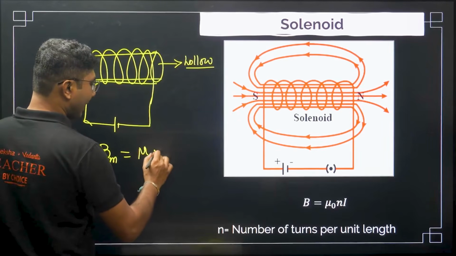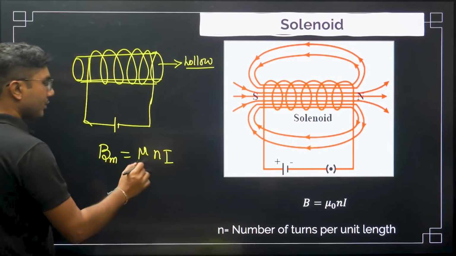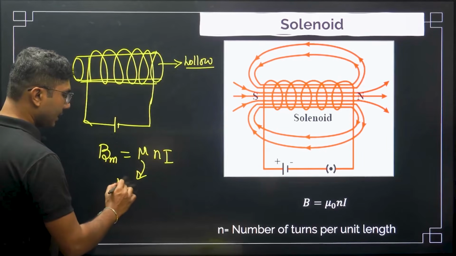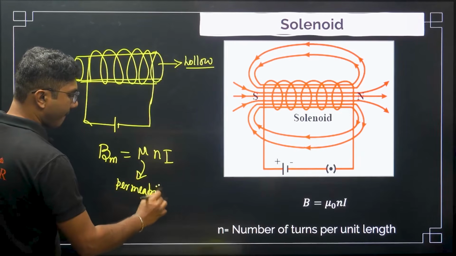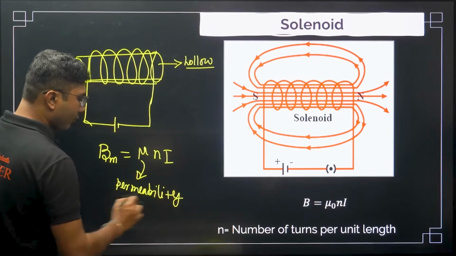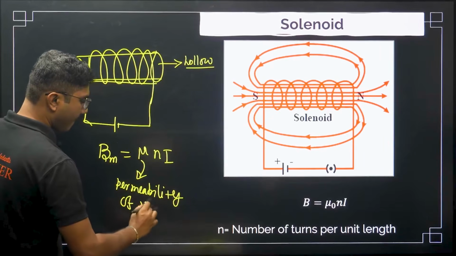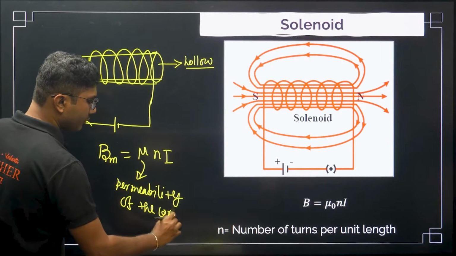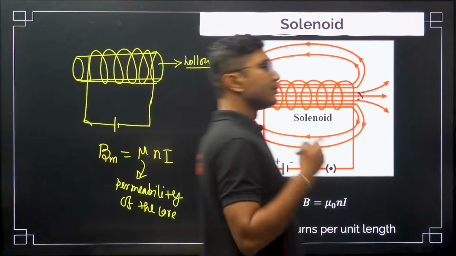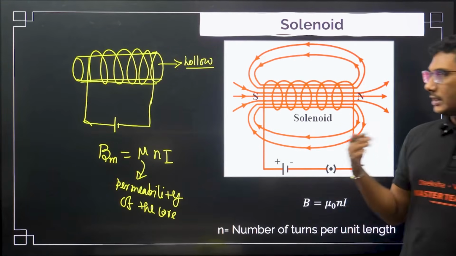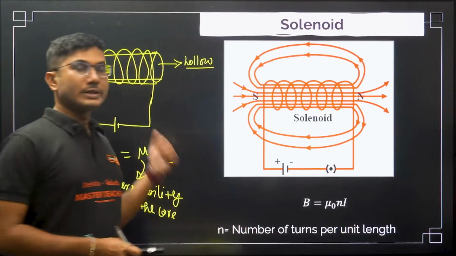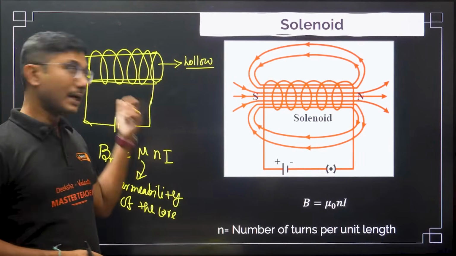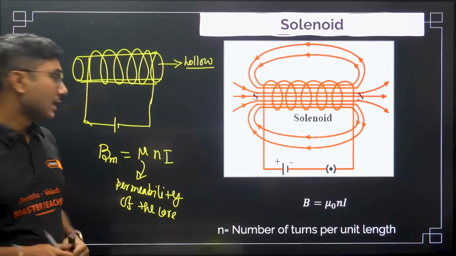Mu is the permeability of the core. You can use iron or any metal; generally we use magnetic material, for example iron, nickel, cobalt.